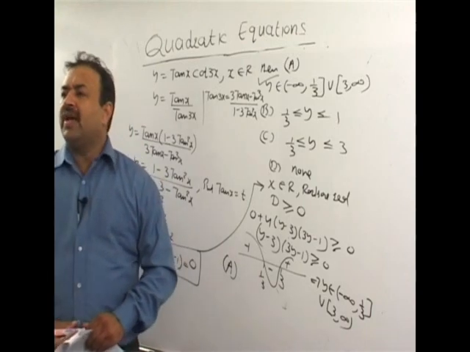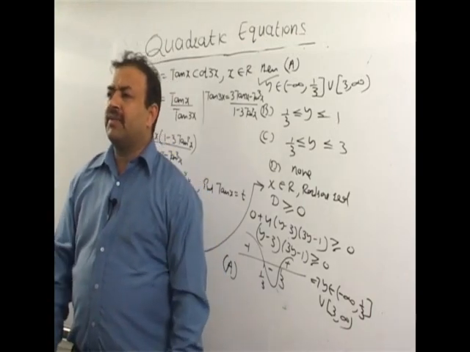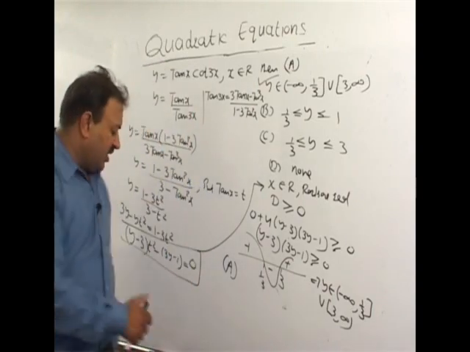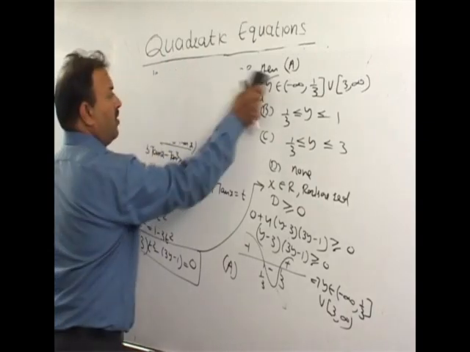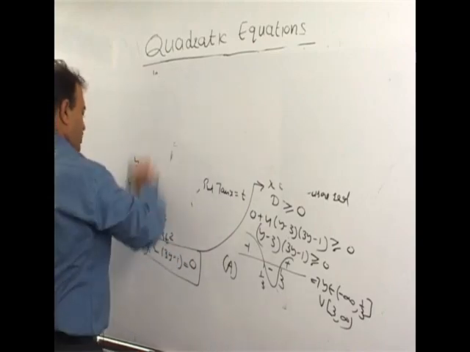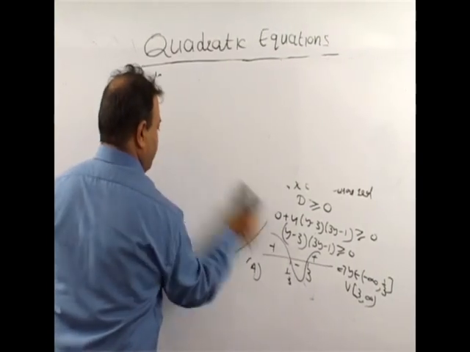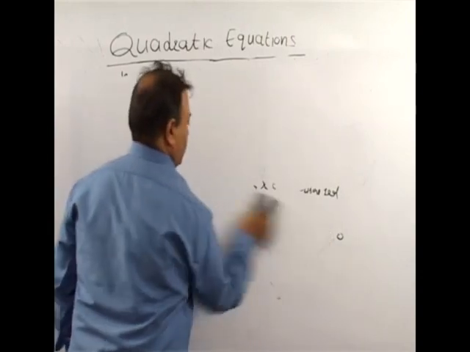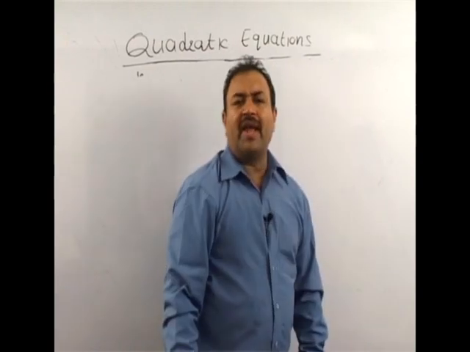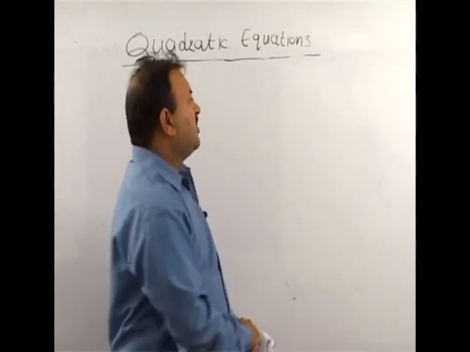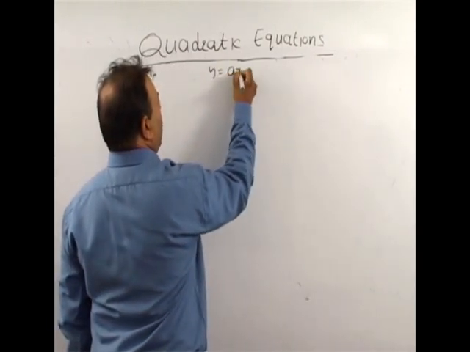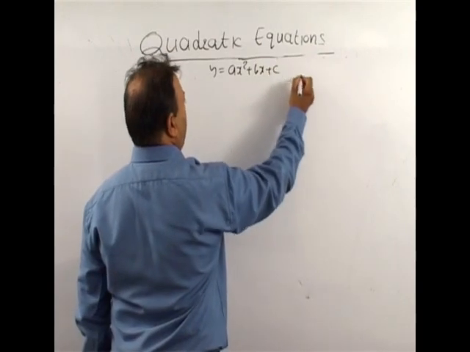Now we are going to start another concept which we have already done in a previous lecture. First of all, I would like to repeat some of the results we have done. See, we know the curve y is equal to ax square plus bx plus c is a parabola.